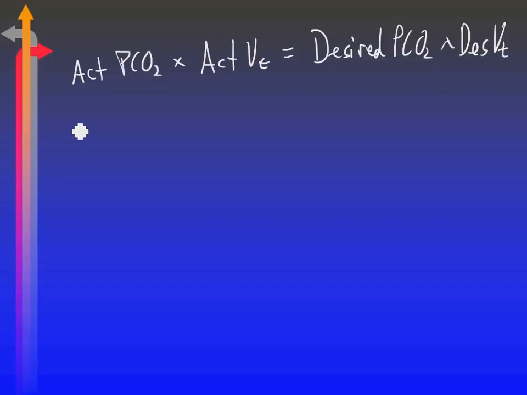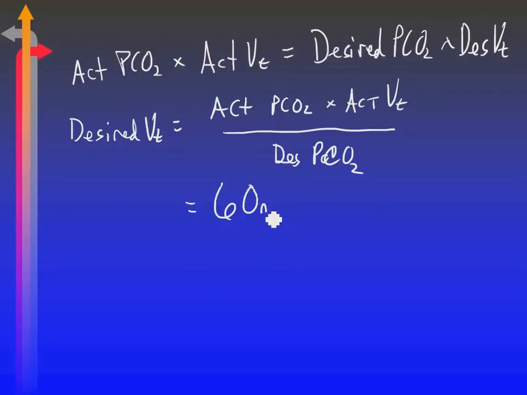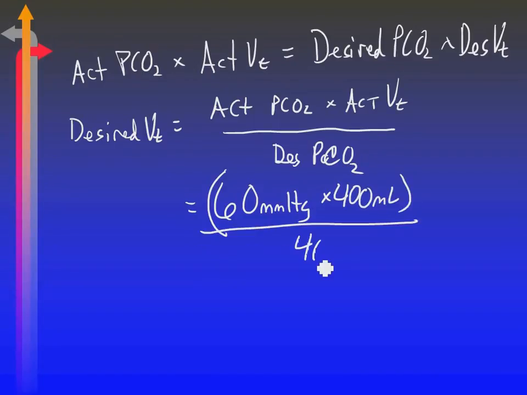Rearranging, my desired tidal volume is equal to my actual PCO2 times my actual tidal volume divided by my desired PCO2. Just plug in numbers. Actual PCO2 we had was 60. Actual tidal volume was 400. Desired PCO2 was 40.